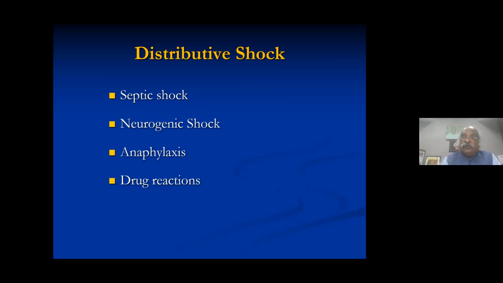Whereas in a case of distributive shock, the contrast occurs: systemic vascular resistance falls. There are agents, either because of toxins, that make the peripheral circulatory vessels lose resistance. Once the systemic vascular resistance is lost, I think cardiac failure is supplemental to it. And that is the basic difference between distributive shock and hemorrhagic shock.